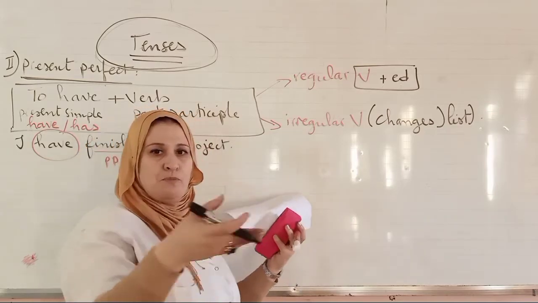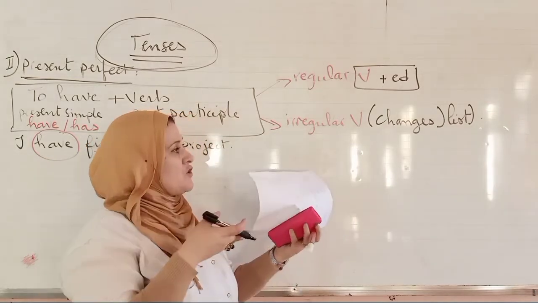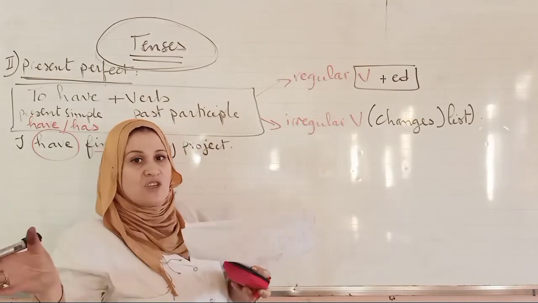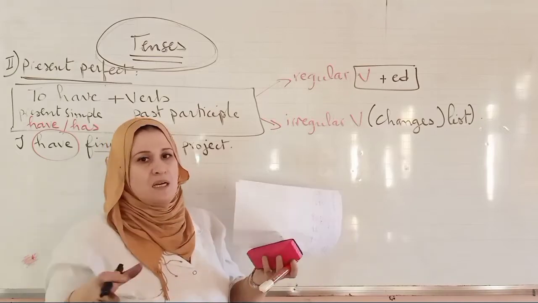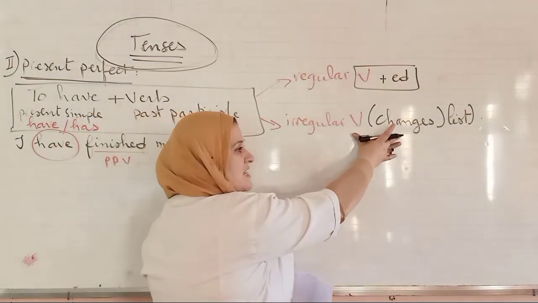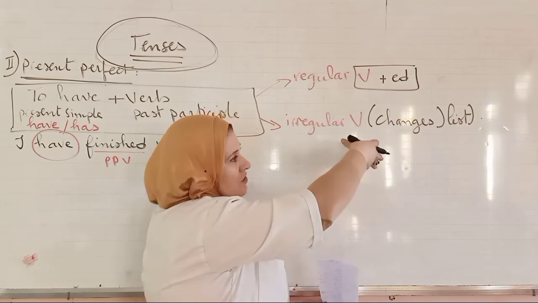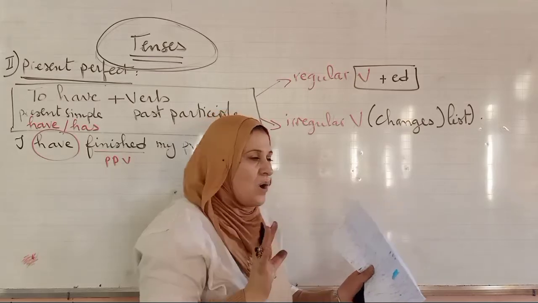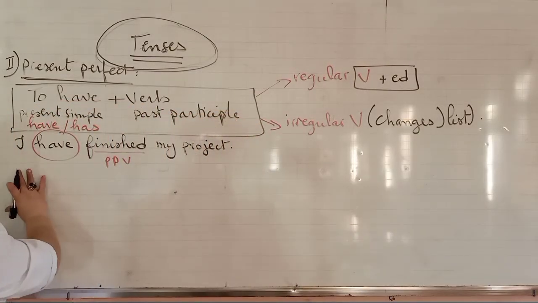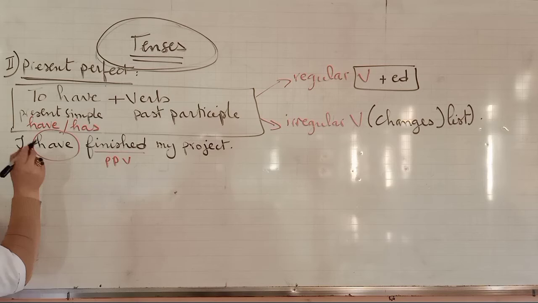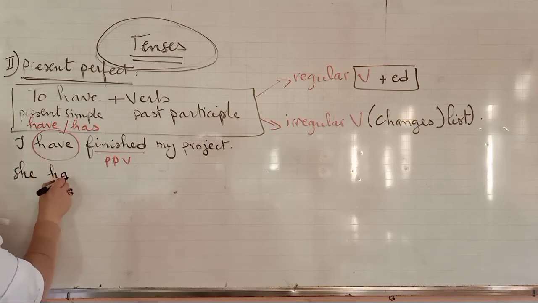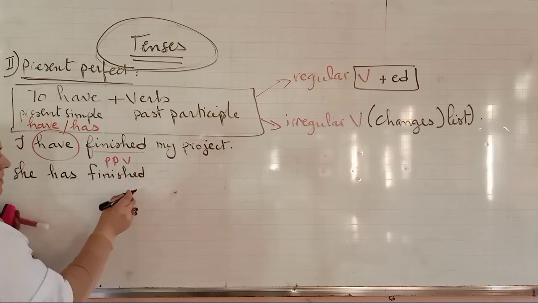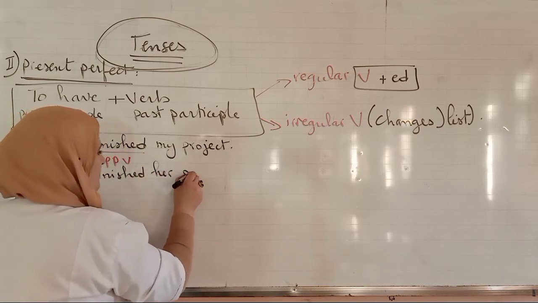For example, put, cut. Concerning the ones that change completely, for example, go, went, gone, they keep on changing many times, okay? This is a matter of taking them by heart. You have a list, go and try to find the list and take them by heart. No other solution, okay? So if I use, for example, she, I say she has finished her project.